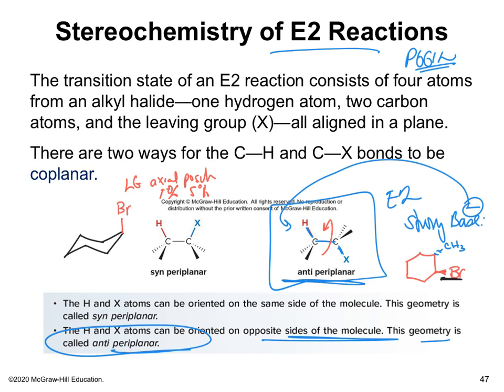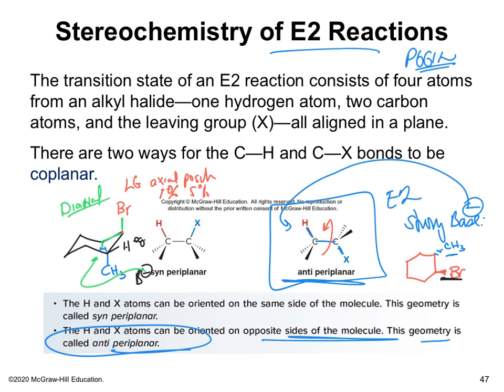Here, if we have the methyl going down, then you have to draw in your hydrogen here. So the base here could not take the equatorial hydrogen. That will not happen. The base is going to take the axial, so this is called the diaxial.